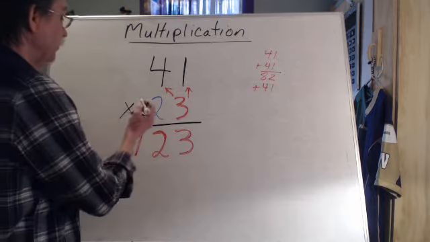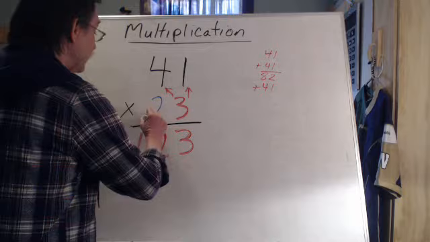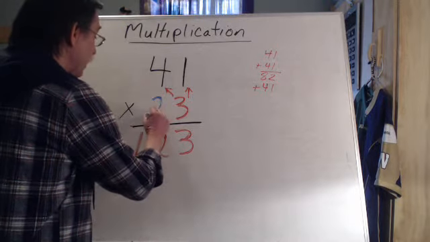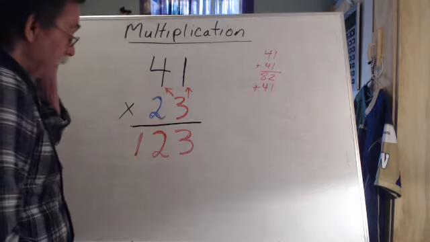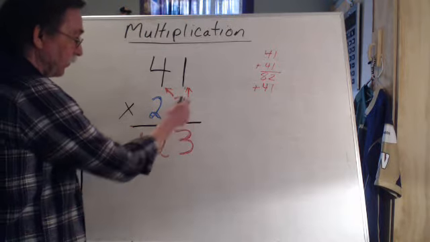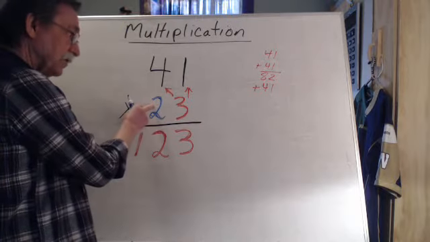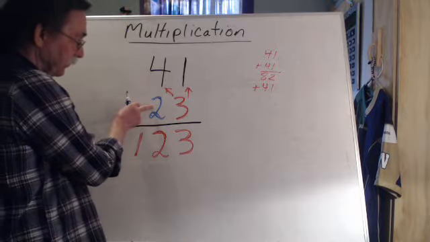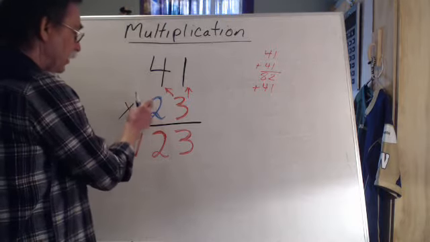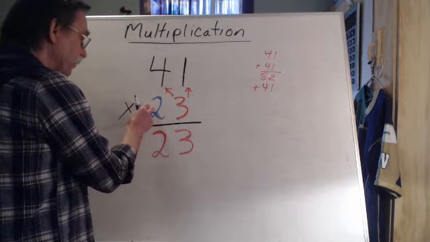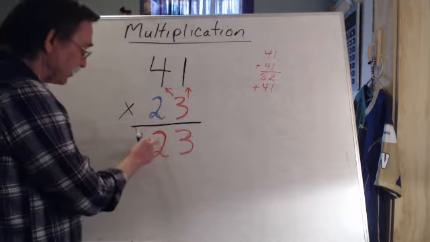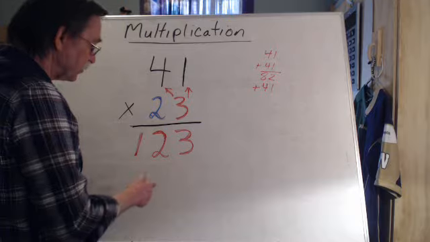Now I want to talk about the 2. I'll darken that up a little bit. Notice we had the 3 over here in the ones column, and this 2 is in the tens column. And because it's in the tens column, I want to write my first number under that 2. It's a coincidence that this is also a 2.